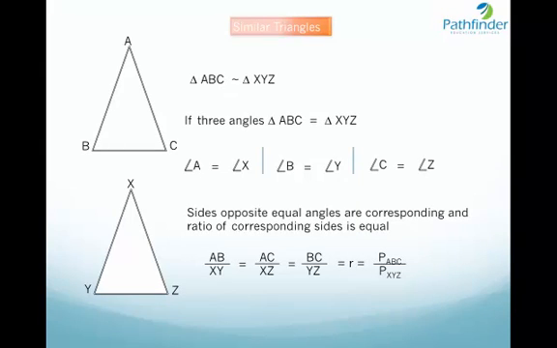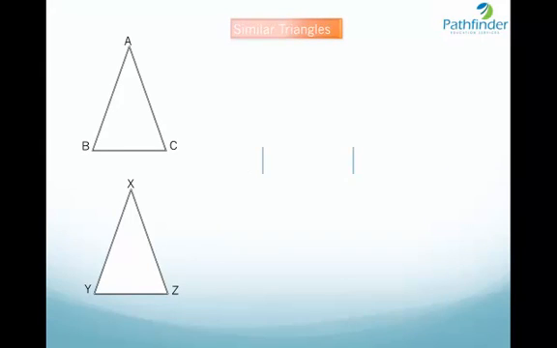And this ratio we call R. And this is also equal to the ratio of the perimeter of ABC upon the perimeter of XYZ. Now, when we solve questions on similar triangles, we've got to be very careful about the corresponding sides. Mind you, we cannot take any random ratios. We have to take the ratio of corresponding sides when we are solving questions related to similar triangles.